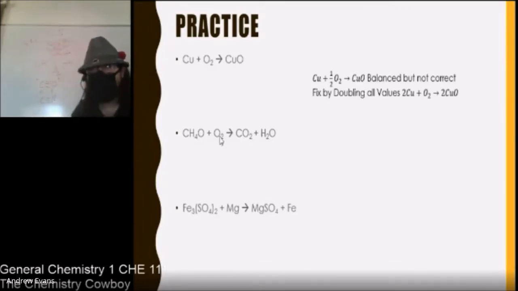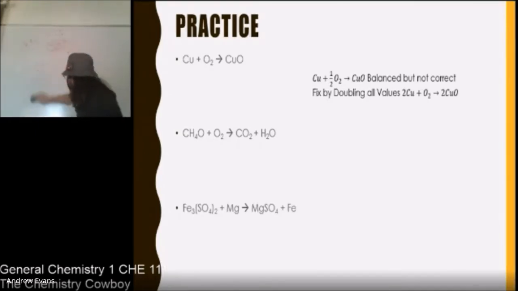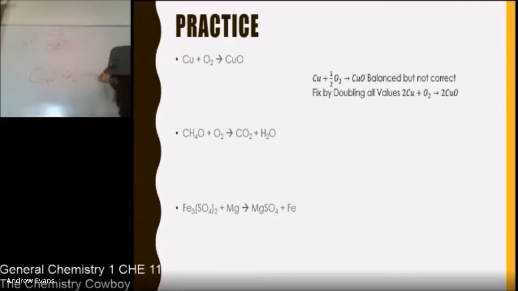So right now I would be looking at drawing a big CH4O, 2 O2, CO2 and 2H2O. Let's see. My head's in the way. Okay, so that's where I start.